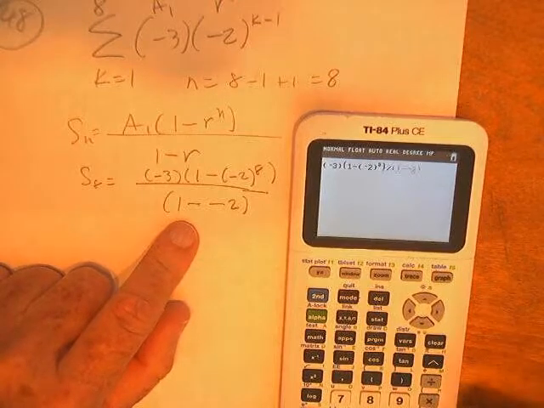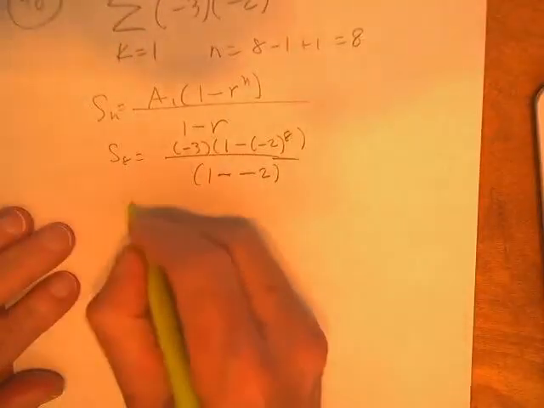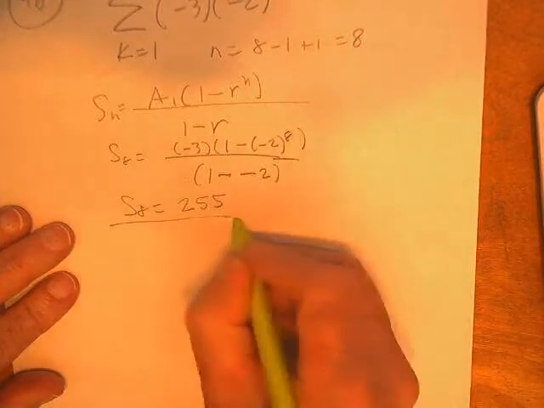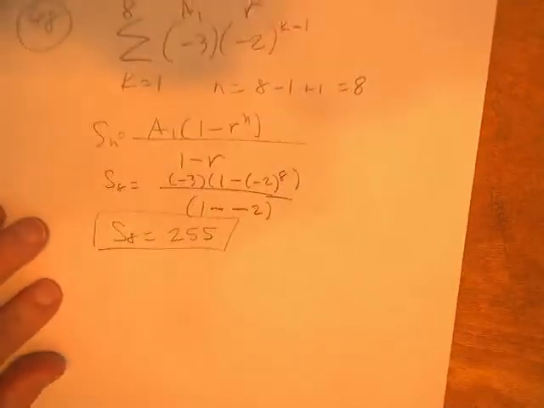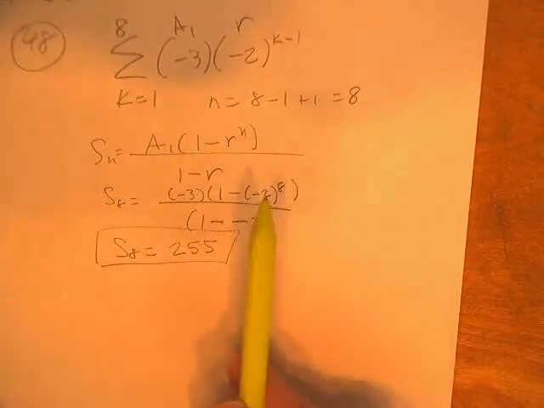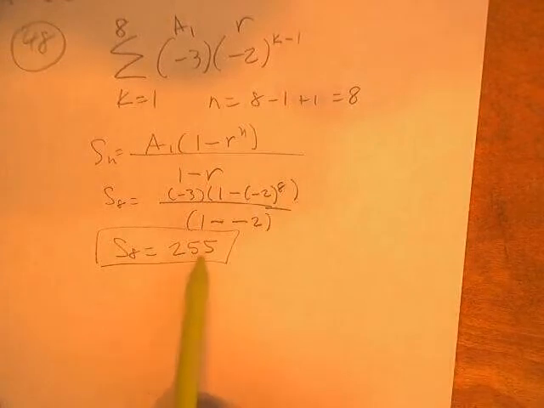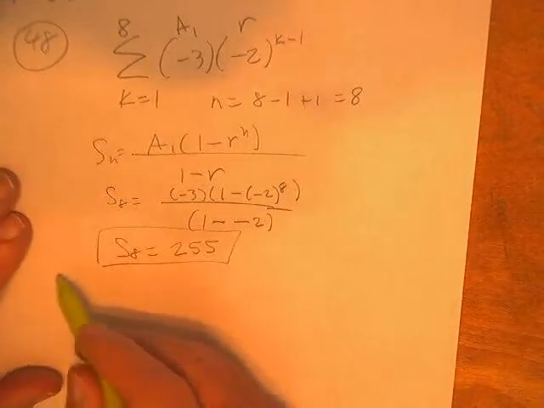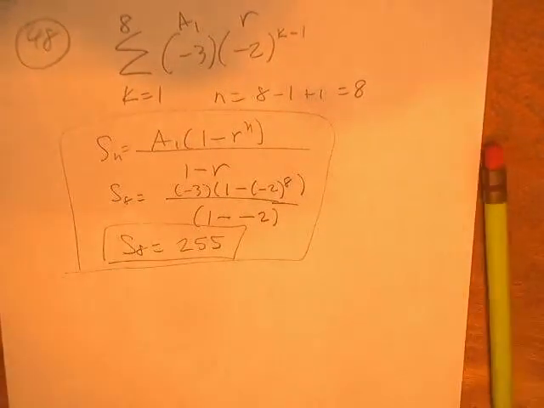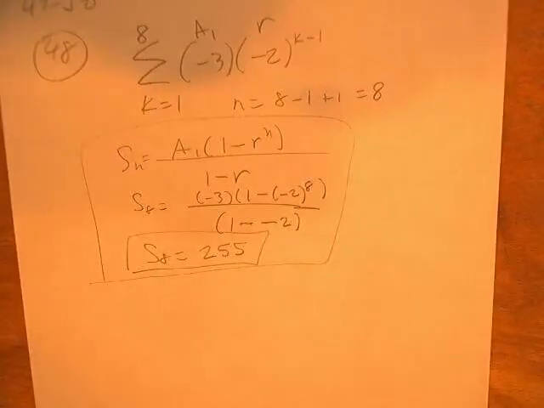This way I can't goof any signs up. 255. Okay, wouldn't be a bad test question right there. I'm pretty sure I put this on the Pretty P kids. A lot of them were getting negative 257 because they missed a sign in here somewhere. So just enter that thing exactly, and you should be okay on that.